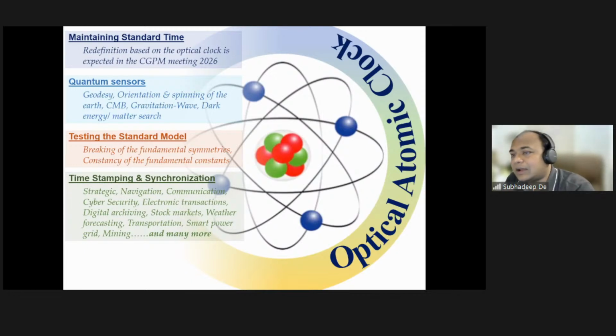This slide I already showed you probably last time. The optical atomic clock is important for various reasons. One is maintaining the standard of time much more accurately. Right now we are maintaining with, let's say, 0.3 nanoseconds and so on, but it could be sub-picoseconds and even much better.